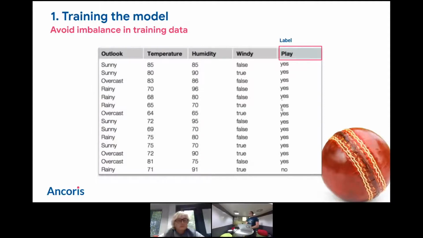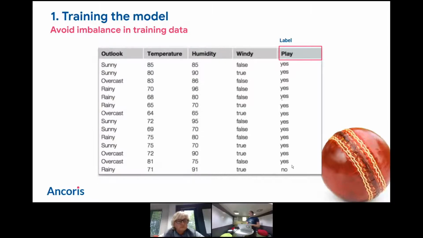In this example, we've only got one example at the bottom here when play was cancelled. You have to be very careful here, because from a machine learning standpoint, it can get a very high accuracy if it just predicted that play would take place, because in 99 cases out of 100, it's going to get that right. So you have to be very careful with imbalance.